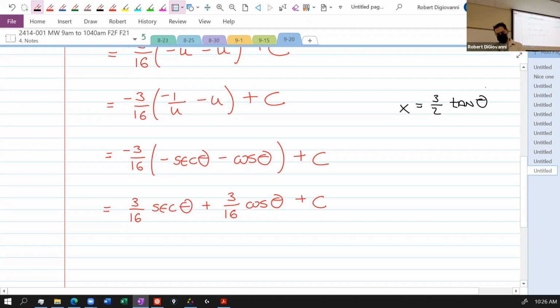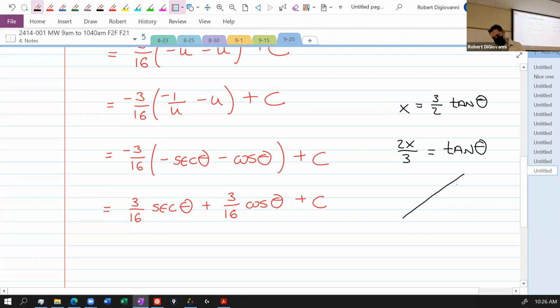Okay, this is going to be a little interesting because I need to set this up as a proportion. So I'm going to multiply both sides by 2 and divide both sides by 3. So I get tangent theta is, see how I multiplied by 2 on both sides to clear the fraction and then divided by 3 to get rid of the 3. And so I get 2x over 3 is tangent.